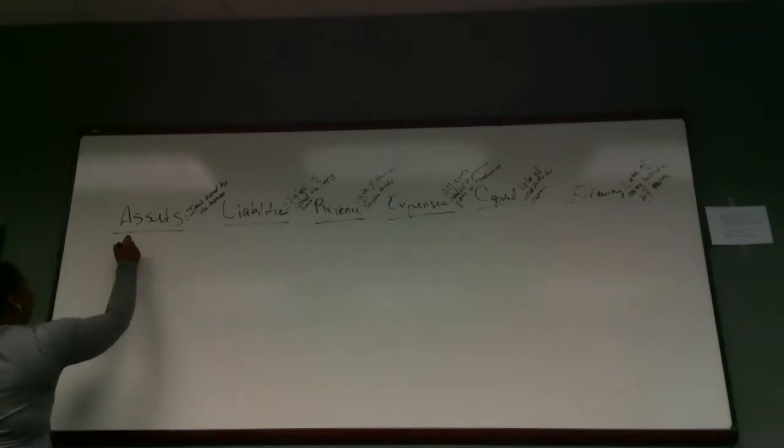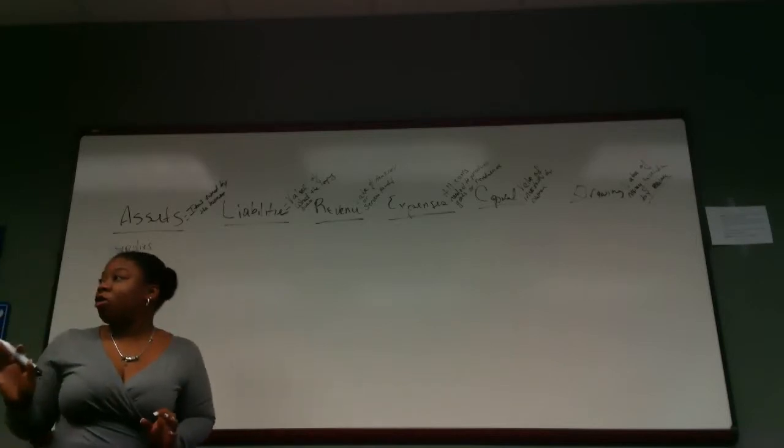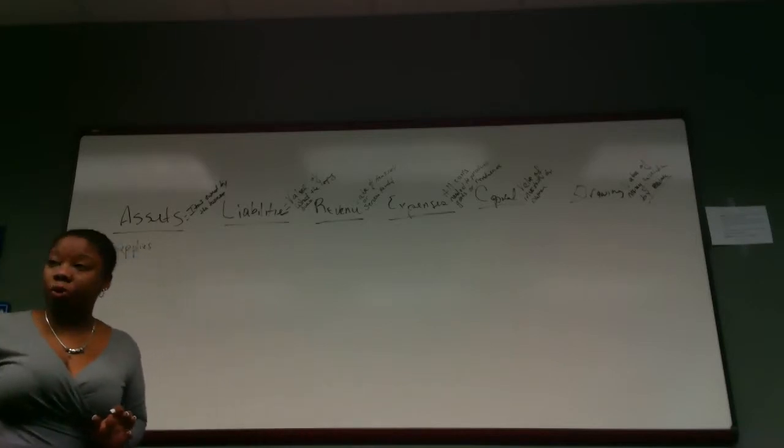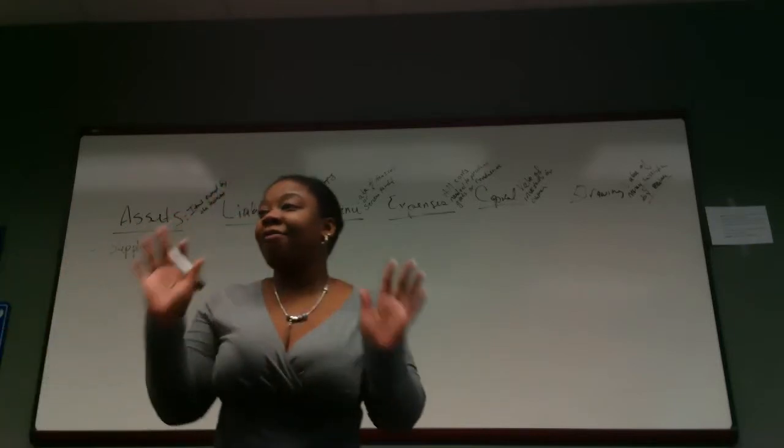Okay, well, then we have to look at the different types of assets. So the items owned by the business, and some types of assets are supplies. So supplies is not the value of what we use, it's just the value of what we purchased and we literally have in the building.